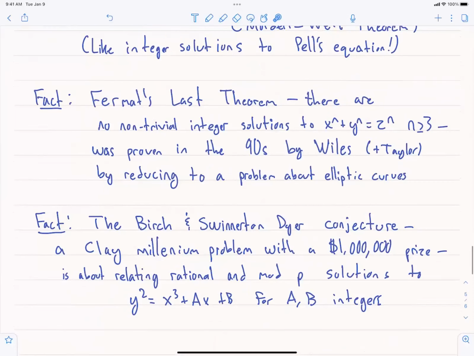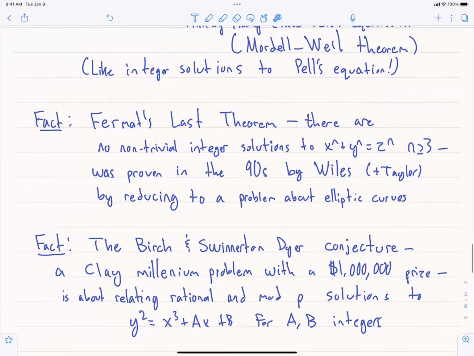One more fact, just for fun: when I say it's modern research, it really is. There are very important open problems about elliptic curves. One good example is the Birch and Swinnerton-Dyer conjecture, one of the 7 Clay Millennium problems. These are math problems with a $1 million prize for solving them, provided by the Clay Foundation, and they're supposed to be some of the most difficult open problems in mathematics.